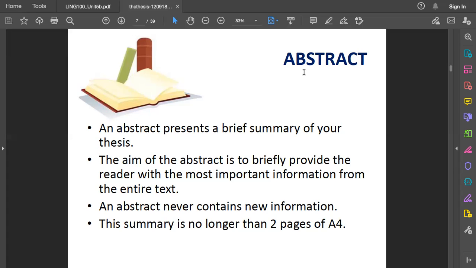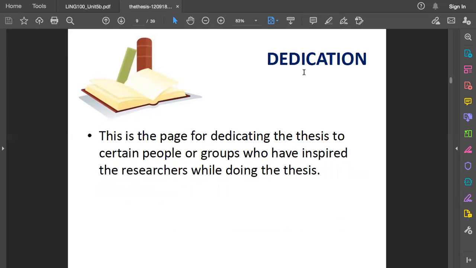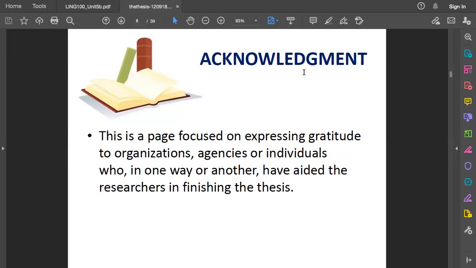Institutions usually require only 200 to 300 words for the abstract. Okay, next. Acknowledgement and dedication. Sometimes they are combined, but sometimes it's just acknowledgement. Sometimes the dedication is omitted. In the acknowledgement, thank everyone that has been part of your journey doing the research.